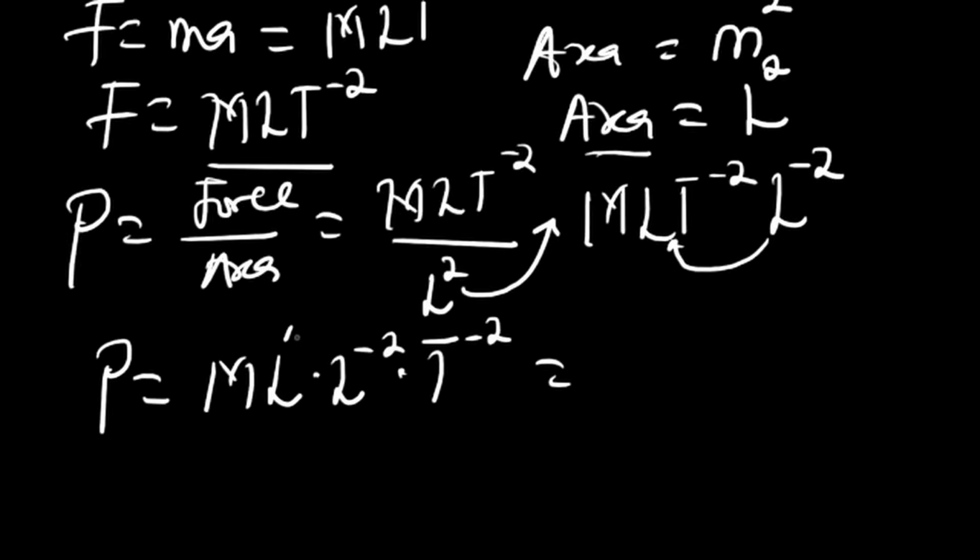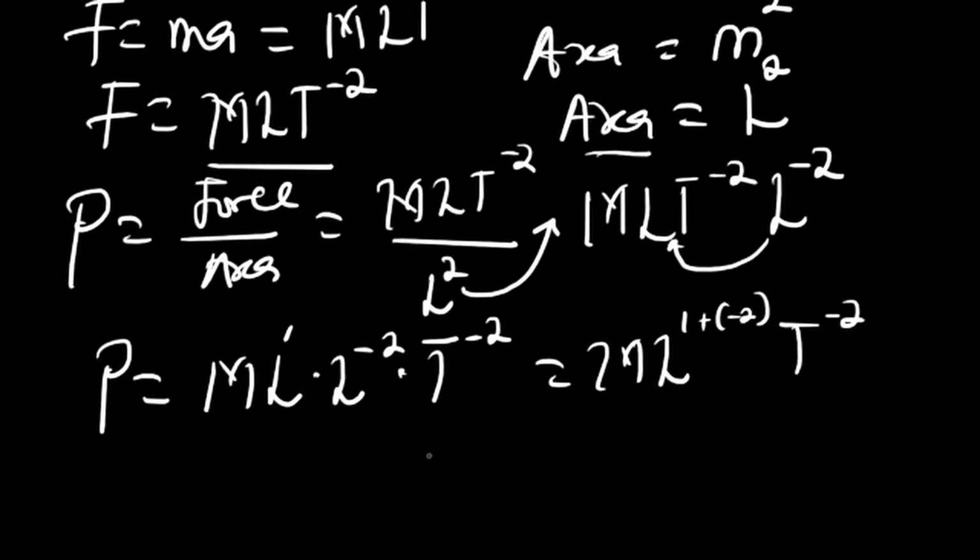Now, this one here is the power of positive 1, right? Now, 1 plus negative 2, just like when you say 1 minus 2, right? Now, 1 plus negative 2 gives you negative 1, okay? So we now say M L, 1 plus minus 2. And then you also have T minus 2.